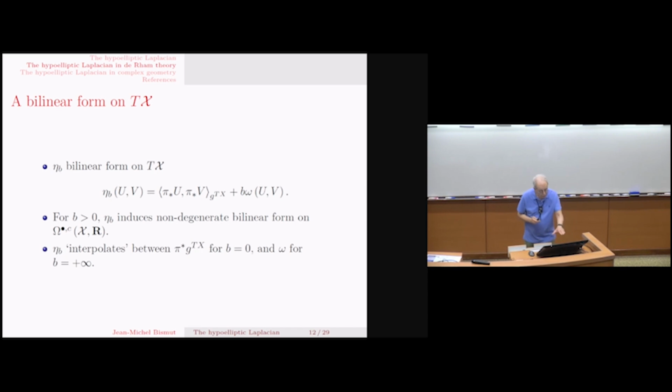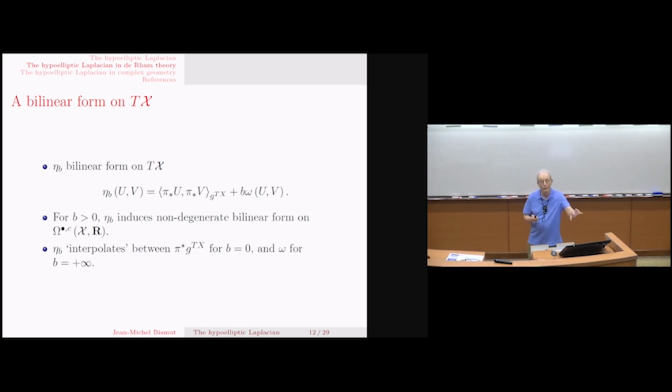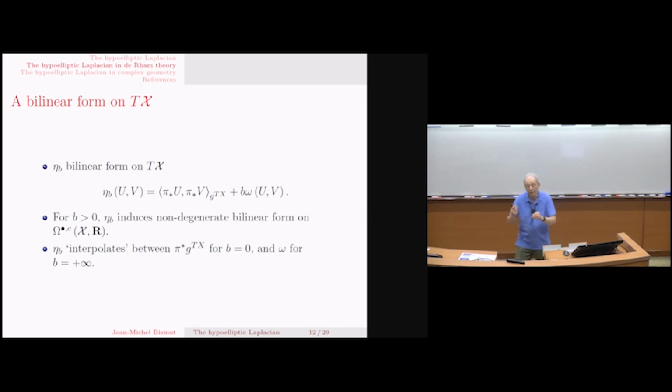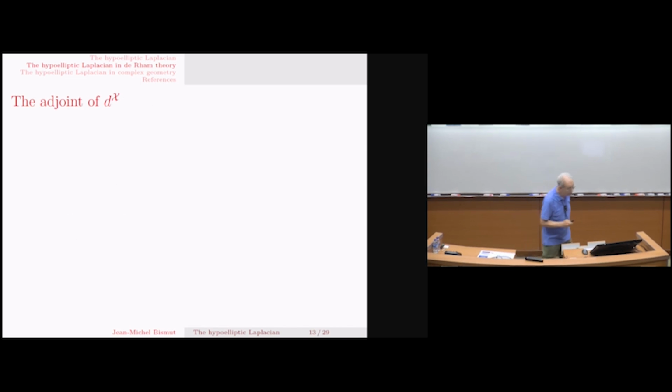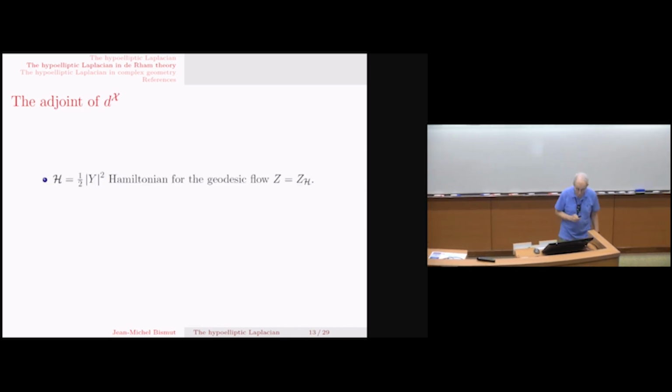For B equals 0, it's just a metric on the base, which is completely degenerate as a pairing on the total space. But for B equals infinity, the leading term is the symplectic form. And so we hope that if we construct the Hodge theory associated with this interpolating family η_B, we'll get a family of interpolating Laplacians. This is exactly what we shall do.